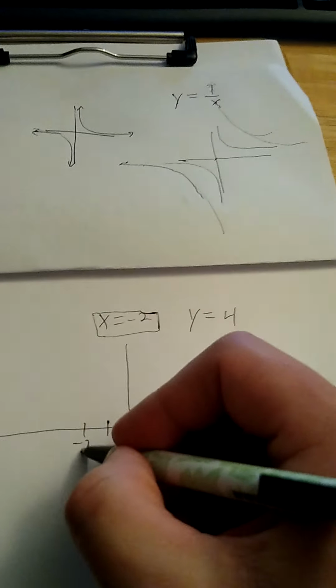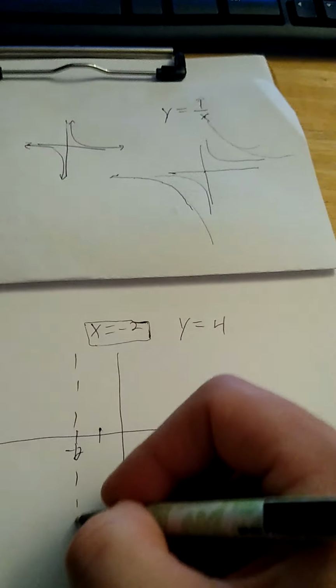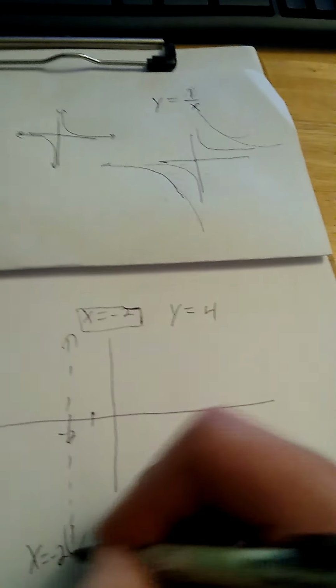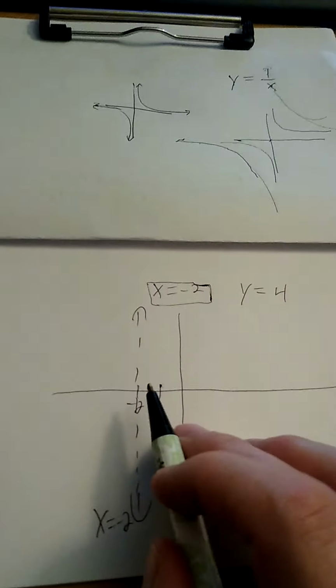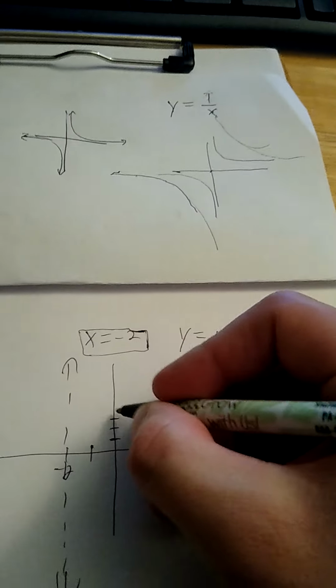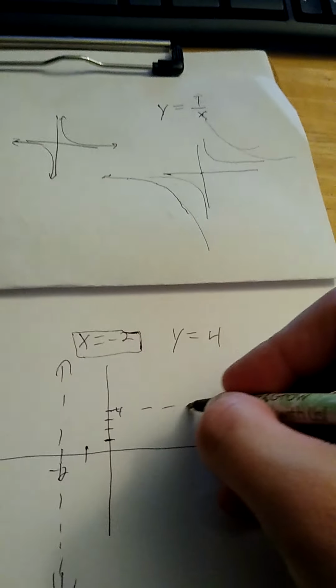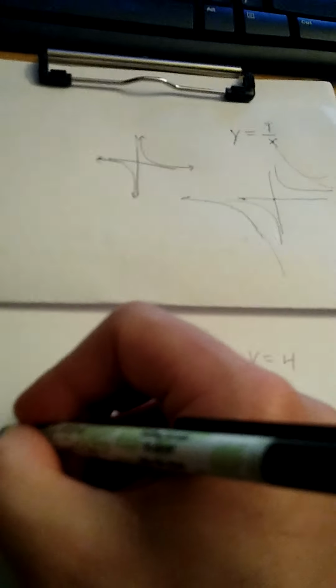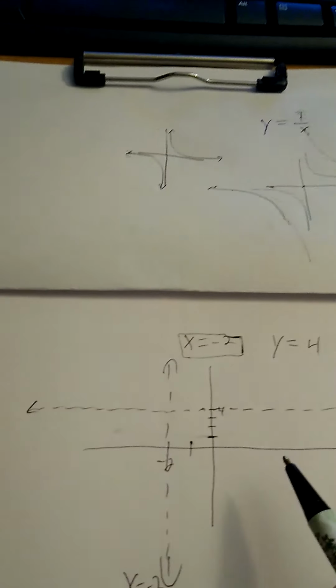I have negative 2 here, and I'm going to draw that vertical asymptote and label it as x equals negative 2. So now I have two sections. I also know the horizontal asymptote is at y equals 4. I like drawing the asymptotes before I do any points, but you don't have to do it that way. And there's my horizontal asymptote. So I have two sections.